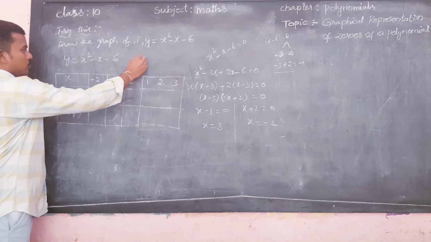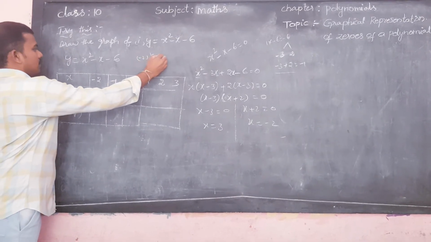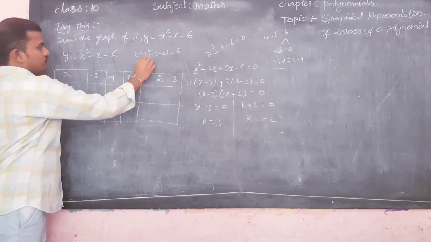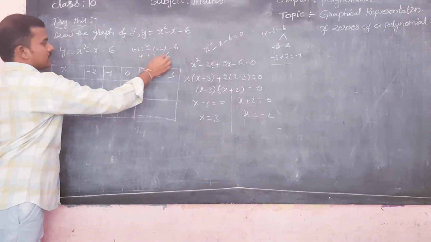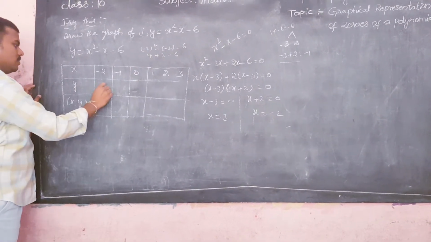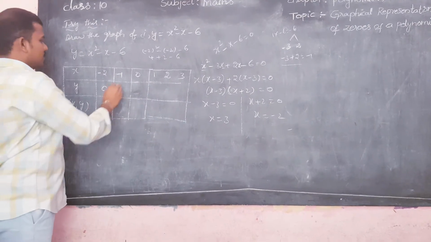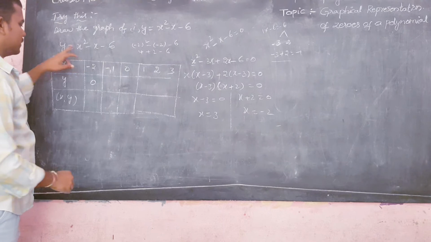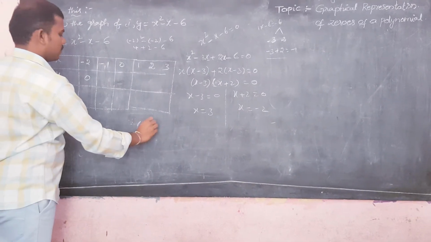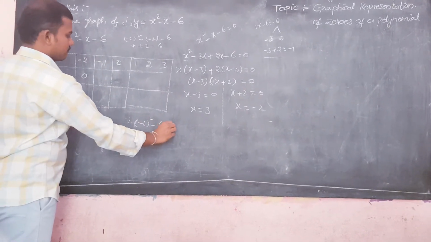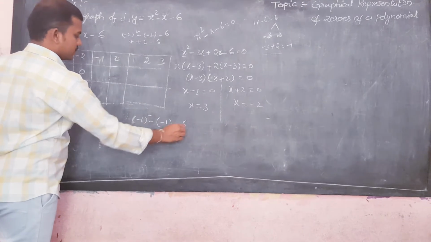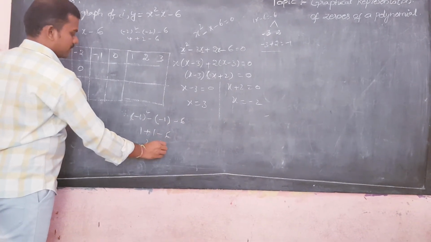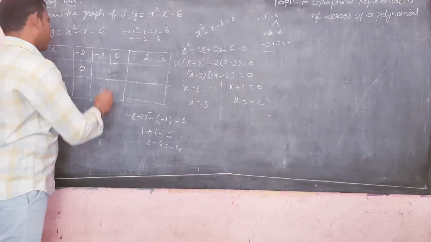So minus 2 whole square minus of minus 2 minus 6, so 4 plus 2 minus 6, 6 minus 6, that is equal to 0. Next put minus 1 in place of x: minus 1 whole square minus of minus 1 minus 6, 1 plus 1 minus 6, 2 minus 6, that is equal to minus 4.